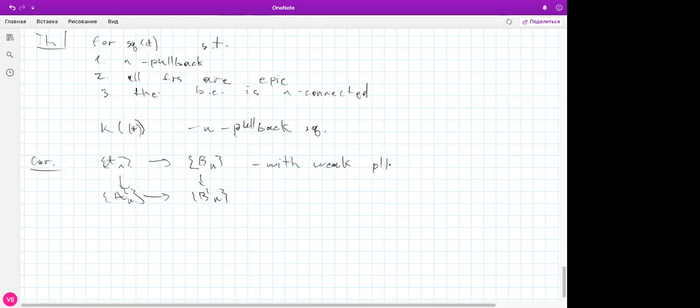pullback and base change conditions. K, pro K, maybe I'll just write lim.